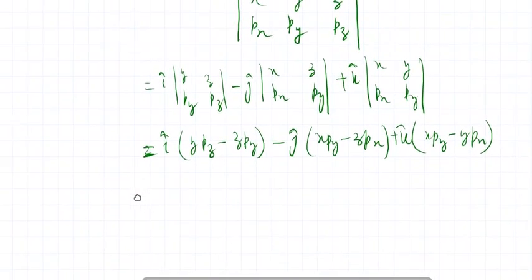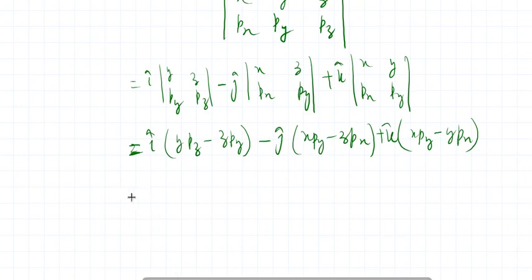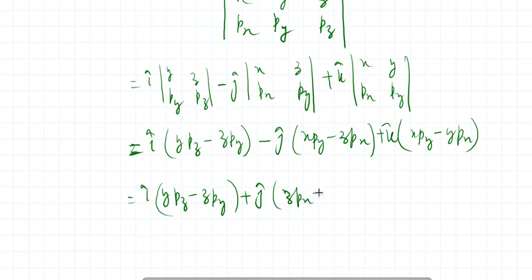So it can be written as i (y pz minus z py) plus j (z px minus x pz) plus k (x py minus y px). I just simply multiplied with the negative sign and interchanged it. It's a very simple trick which I am using.